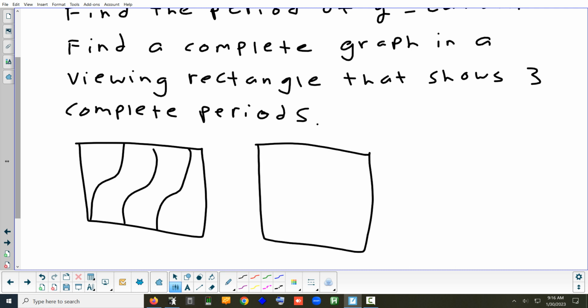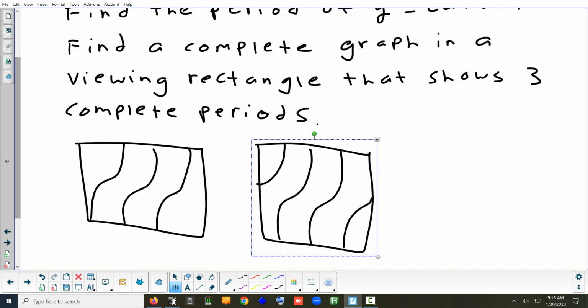Or if it looked something like that, that's also 3 cycles because you've shown a half, and 2 in the middle. Sometimes, depending on how you set your window, you might break a cycle in half. That's okay.